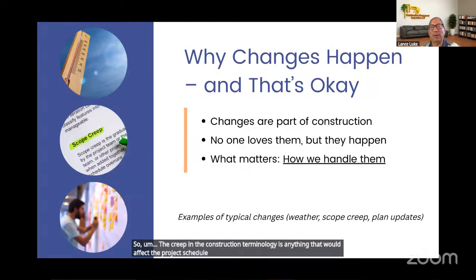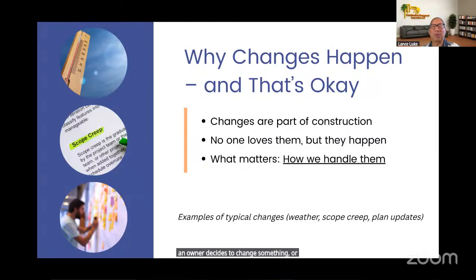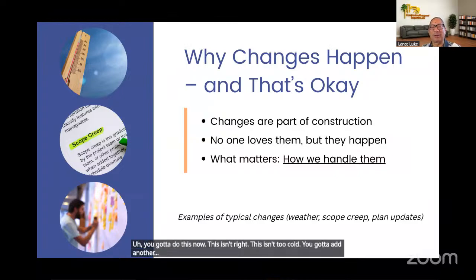And it could be an owner decides to change something, or it could be the building inspector coming in and saying, hey, you know what? You got to do this now. This isn't right. This isn't to code. You got to add another lock here or whatever. Okay, so that's part of the whole issue. That's just construction terminology.